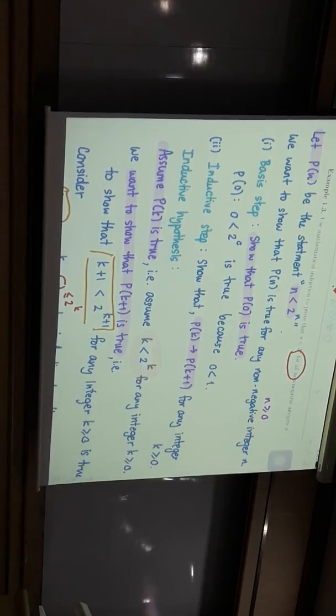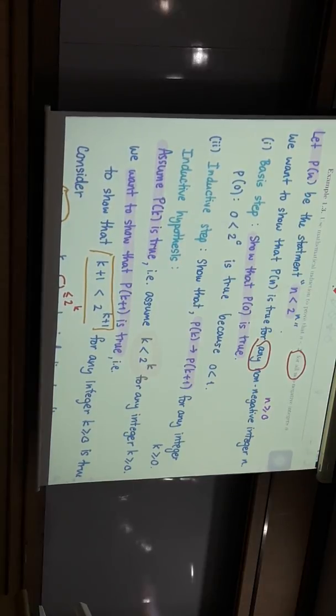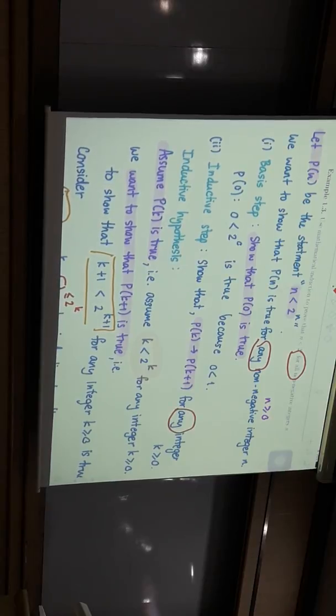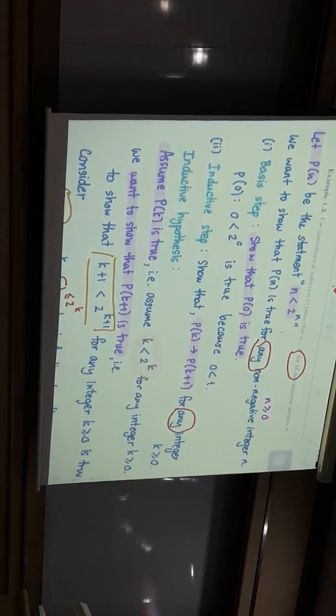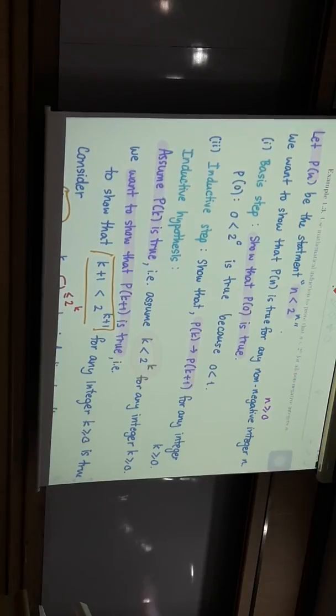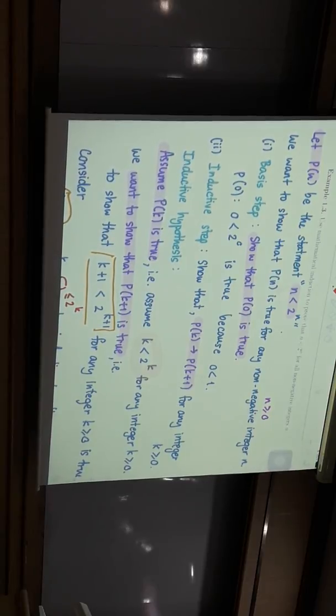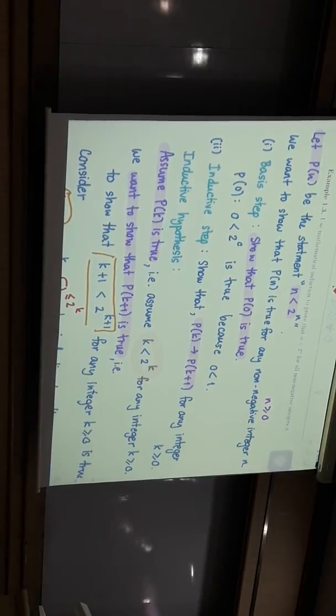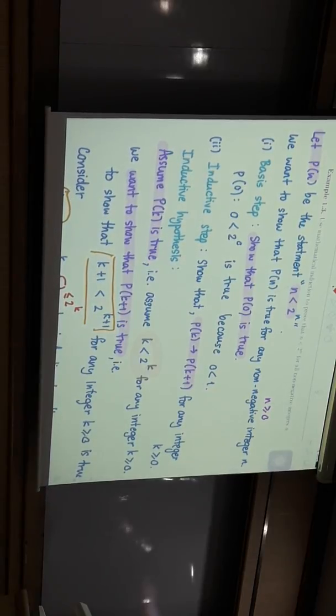But when we prove, we let it be true for any n, that is for any k greater than or equal to 0. Because this is the way it works. We want to prove for all, but with induction, you can only show that it's true for any. And if it's true for any, then at the end you conclude that for all will be true.